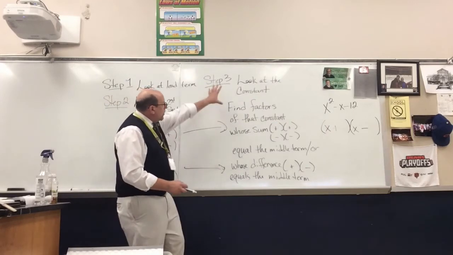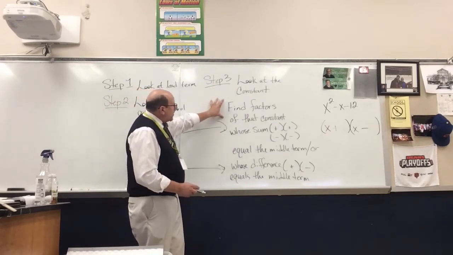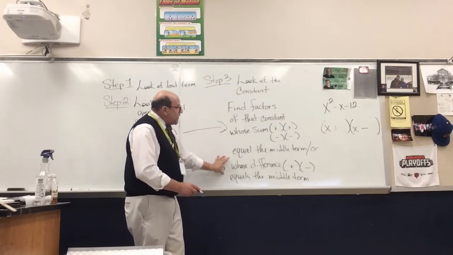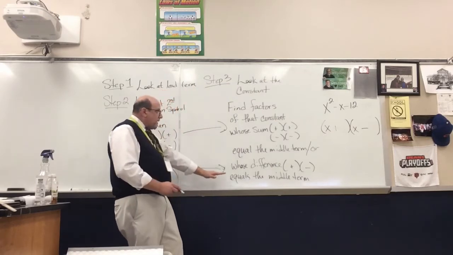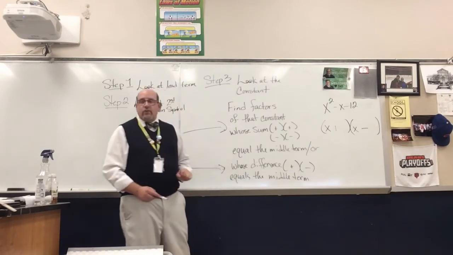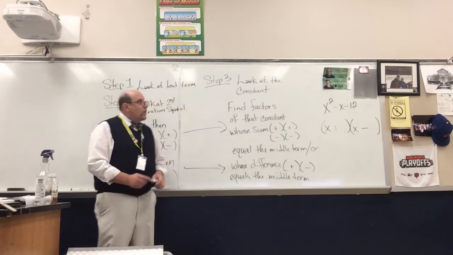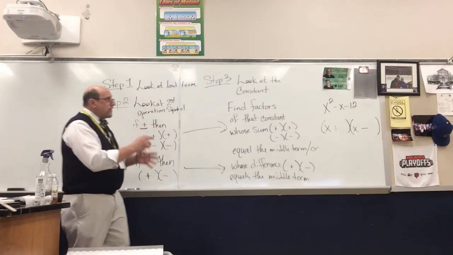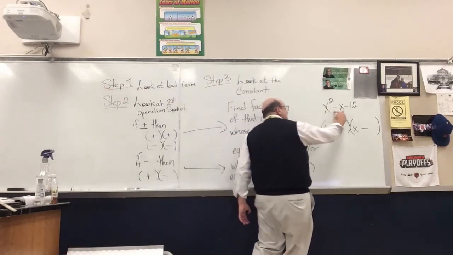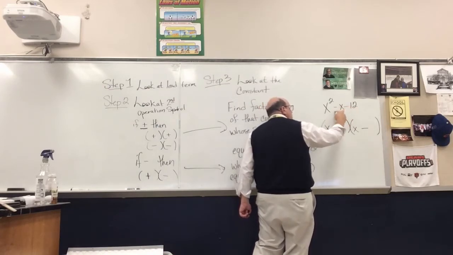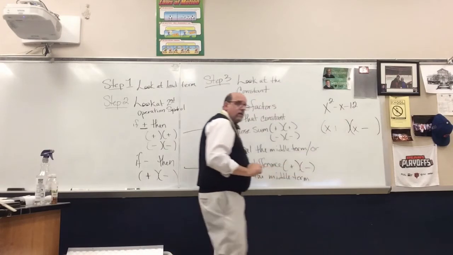So look at the constant and find factors of that constant whose difference, because we're working down here, whose difference equals the middle term. Okay, so now we need to look for factors of 12 whose difference is negative 1.